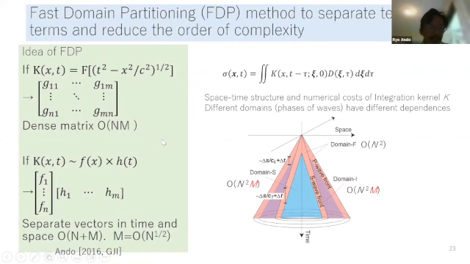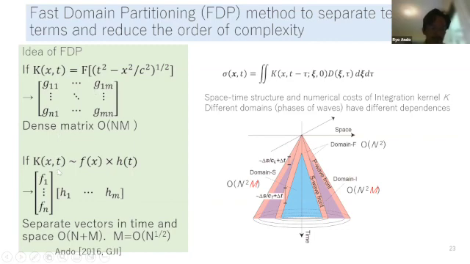So the main idea of the first domain partitioning is reducing our computational complexity by separating the temporal term and the space term. The original kernels should have a dense matrix form like this.